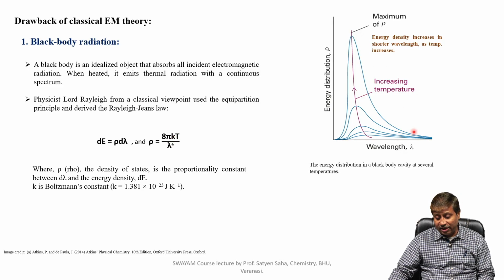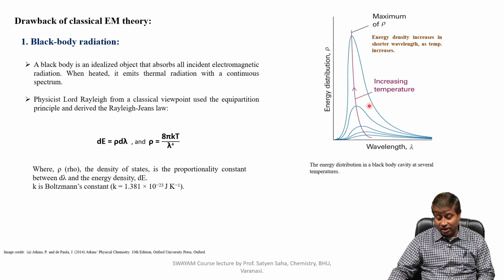So, what it says is that when you go to a lower wavelength or higher frequency, this energy distribution density of states rho should be increasing, because of lambda to the power 4 in this equation. So, it is exponentially increasing when lambda is smaller.